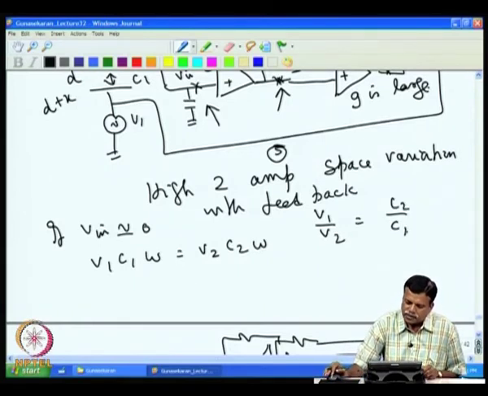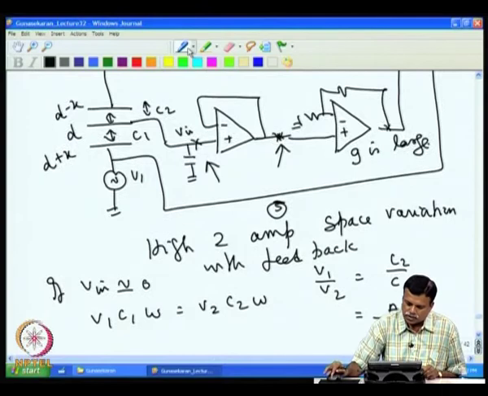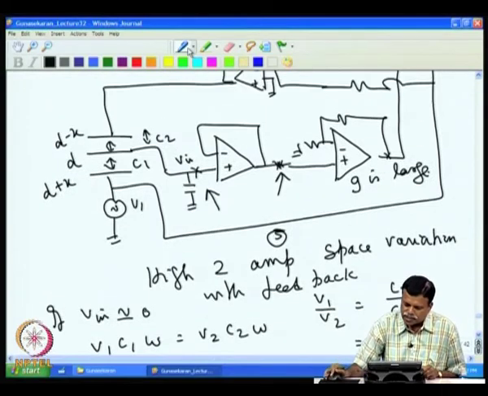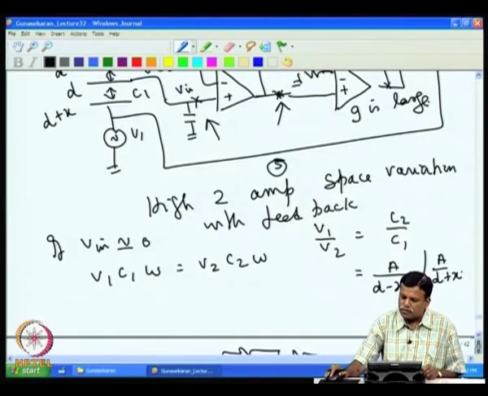But then if we write in terms of d, C2 will be A by d plus x, and C1 will be A by d minus x, because A also goes off.